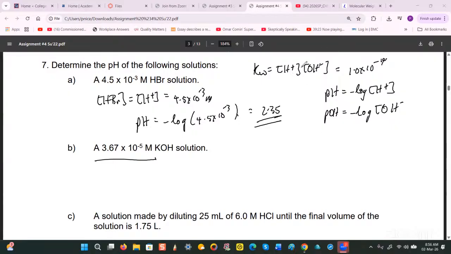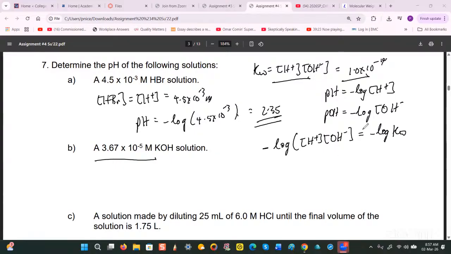Now, if you take the log of both sides of this equation, and this is where some algebra will come in, you're going to end up with minus log of the concentration of H plus times the concentration of OH minus, and that will be equal to minus log of Kw.